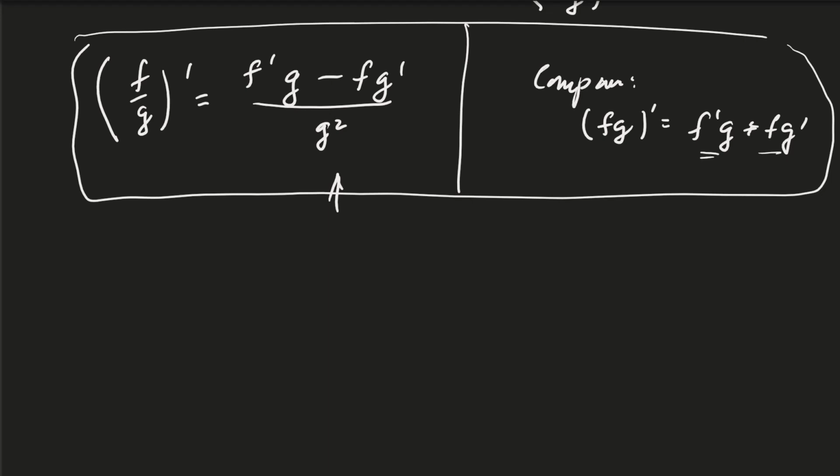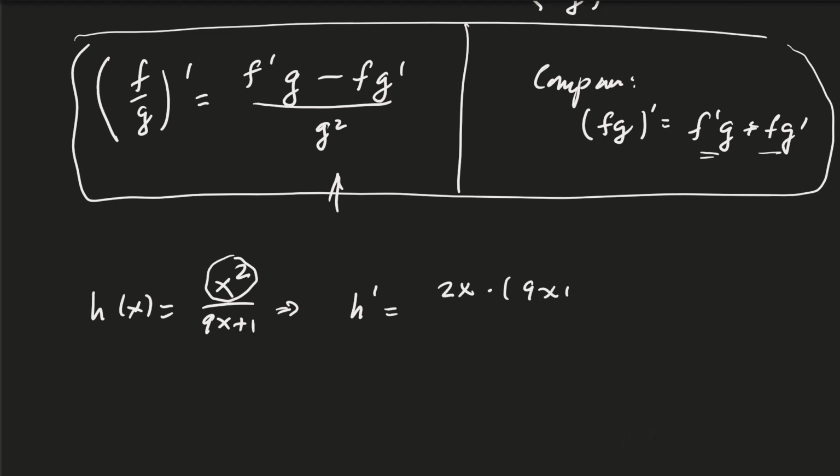So for example, h of x equals x squared divided by 9x plus 1. Let's compute h prime. So remember, it's the derivative of the top, so that's going to be 2x times the bottom, minus the top times the derivative of the bottom, divided by the bottom function squared.